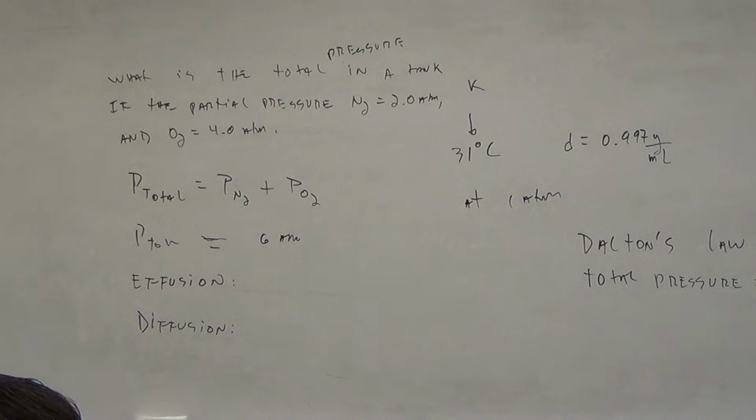Because the material has holes in it, right? And once in a while, one of those molecules will go through that hole. Eventually, when enough of them escape, the balloon gets deflated. That's called effusion. So it's the escape of molecules going through a hole.